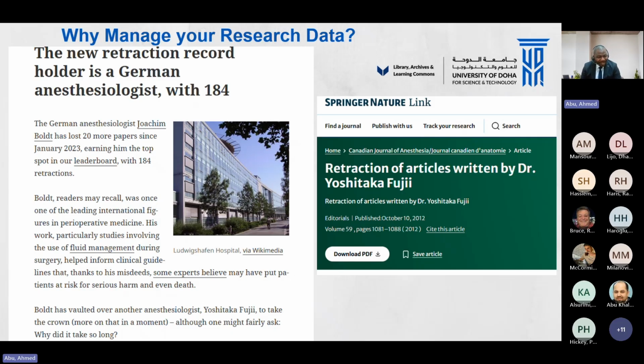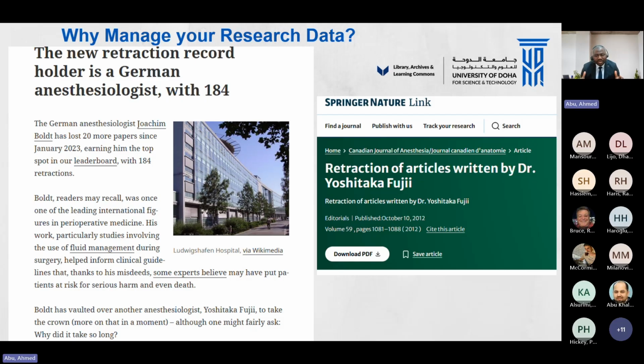Okay, we have these guys. These are faculty members. Funny enough, both of them are anesthesiologists. What they do, they are competing for the best author with the highest number of retracted articles. One has 184, and Fuji has 168. One key thing is that one of the elements during the investigation was the data.